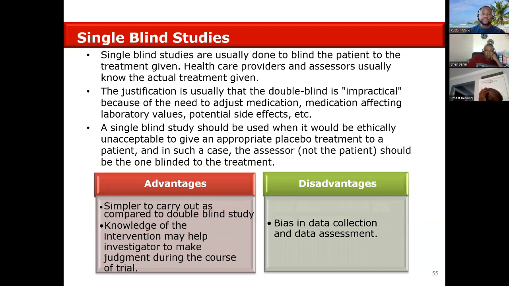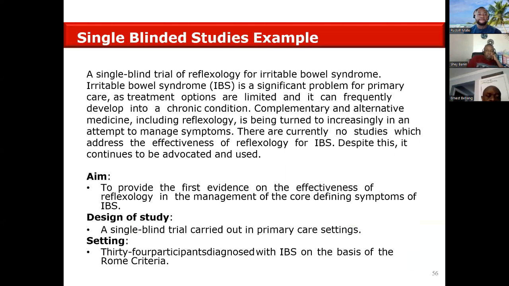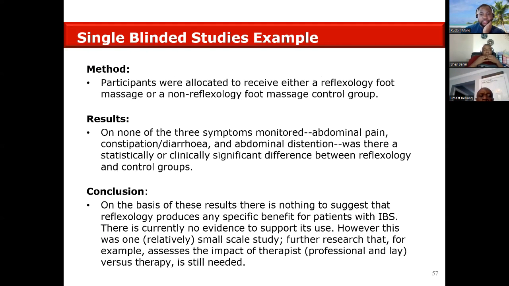This is something they have to pay close attention to. This is just an example of a single blinded trial. You guys can take a look at this and understand what's happening in a single blinded study.